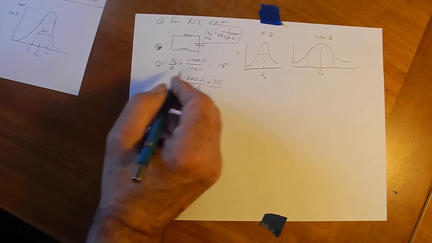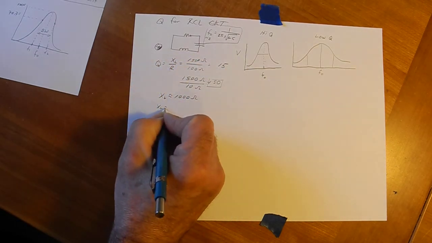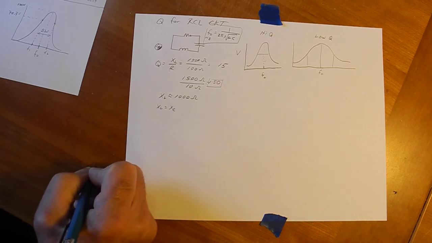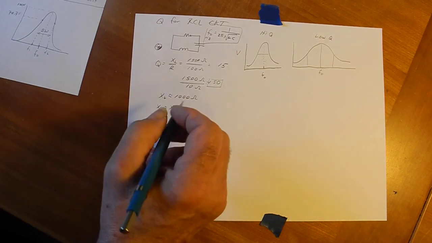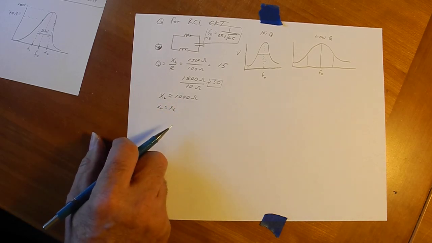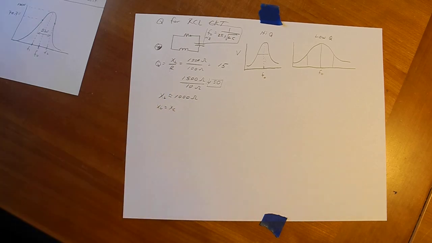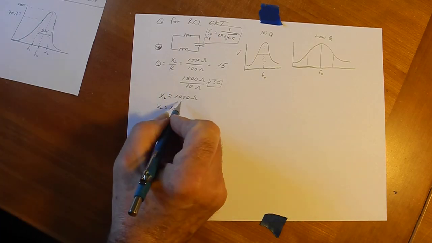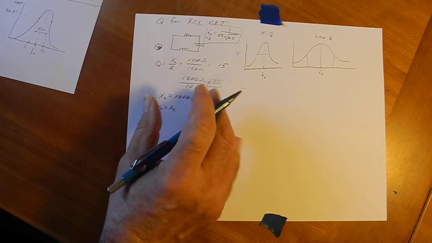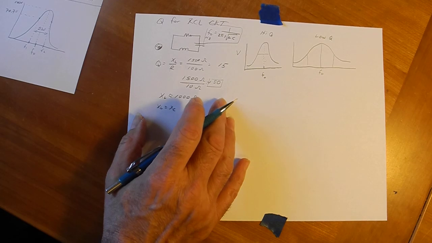You could design it X of C over R because at resonance we know X of L equals X of C, right? That's the whole point. But since the capacitor does not have that resistive property like the inductor, it's usually designed via the inductor. We're not going to get into output impedance and antenna design, but it has a lot to do with that as well. Maybe that's a separate video.